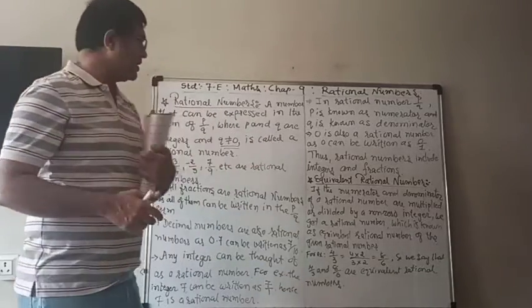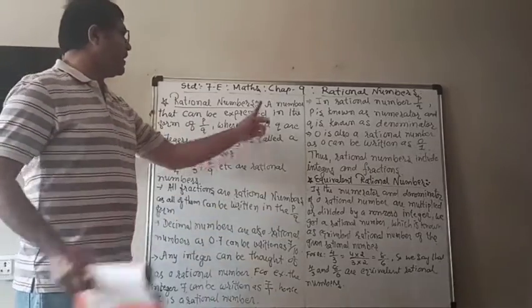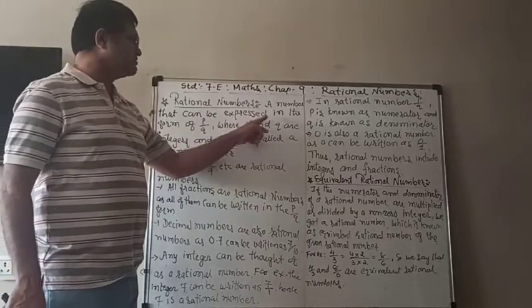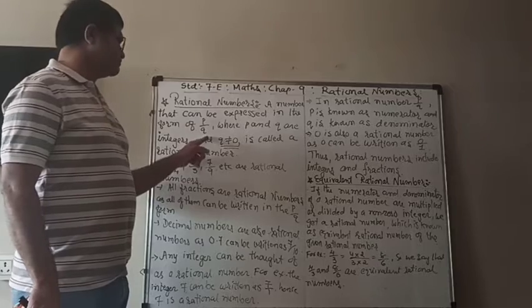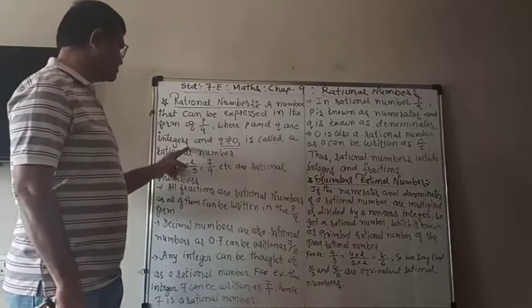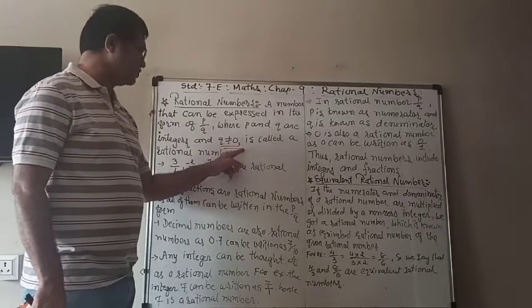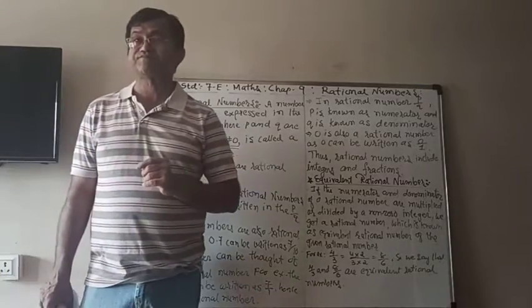So here there is a definition of rational numbers, that a number that can be expressed in the form of P upon Q, where P and Q are integers and Q is not equal to 0, is called a rational number.